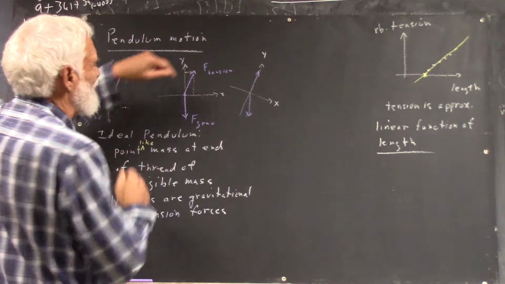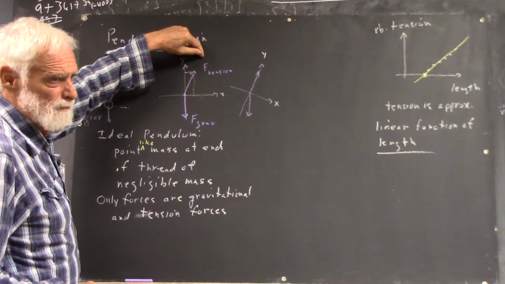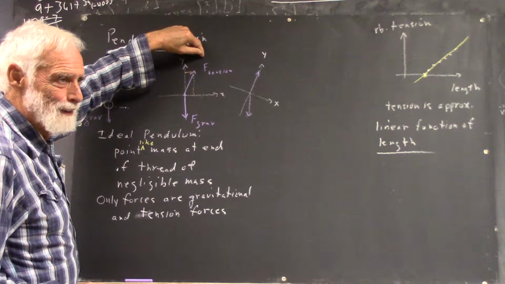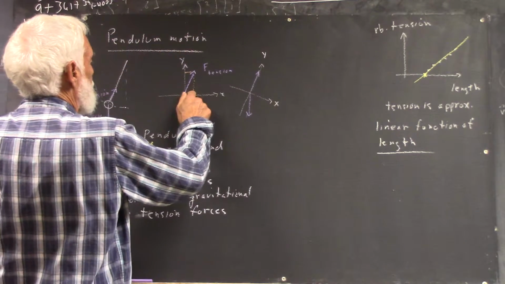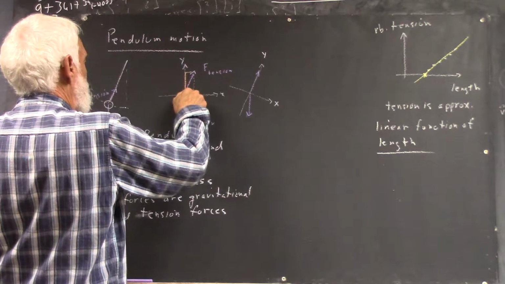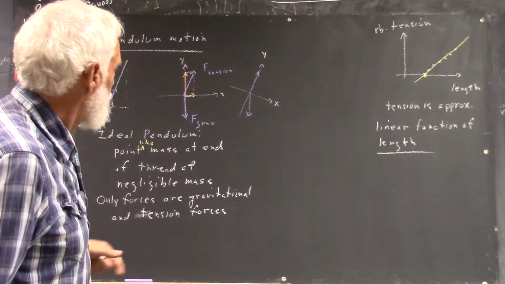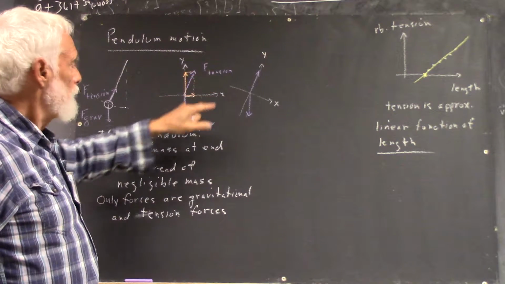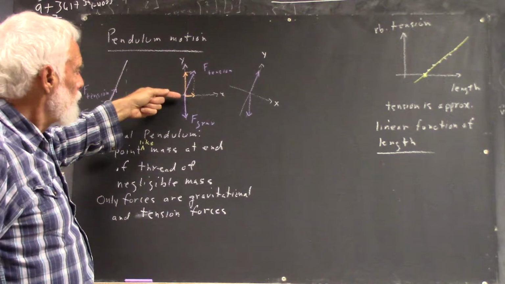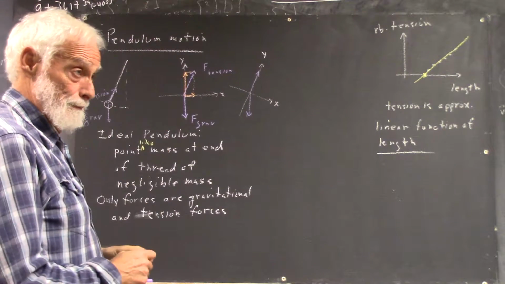Okay, so, big point here. I haven't proven this. I'm only asserting it, but believe it because it's true. Okay? And we'll justify it later. This tension is completely equivalent to this force and this force. Okay?